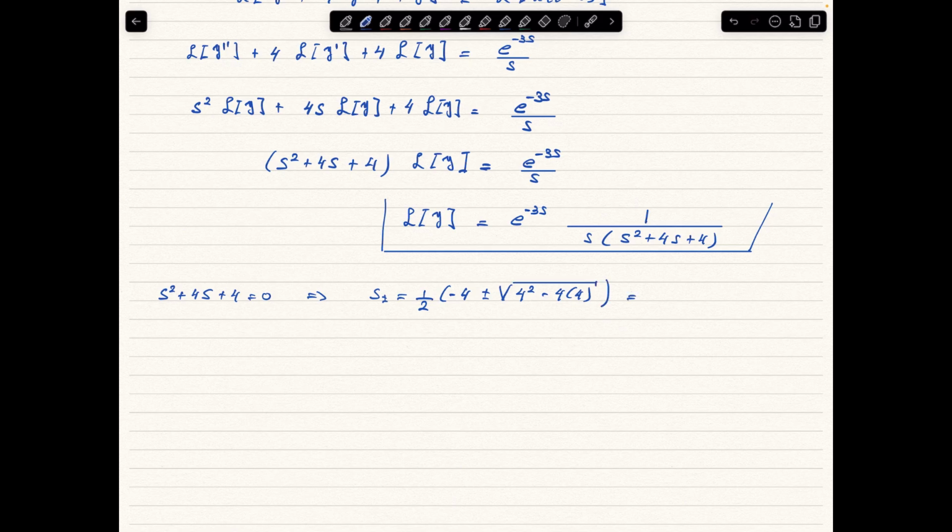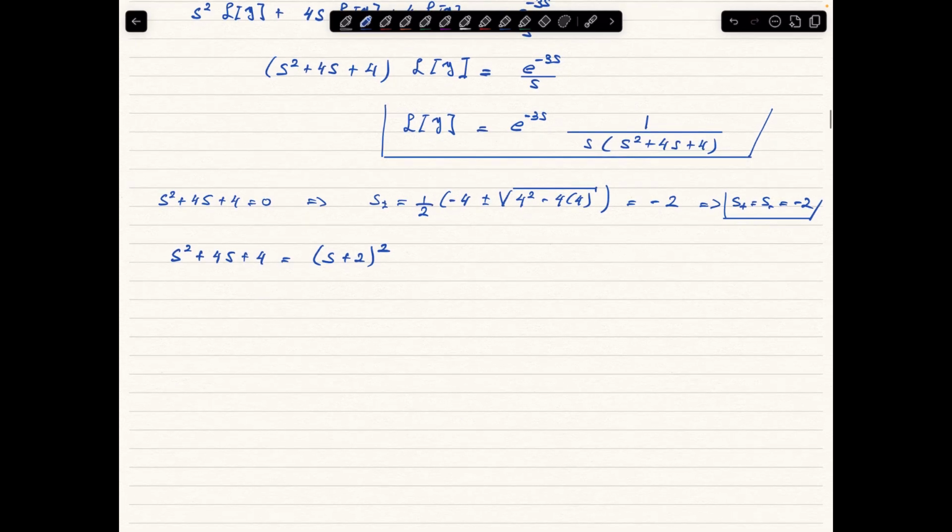We get negative 2. So we have a repeated root negative 2, so s plus equals s minus equals negative 2. So our denominator, s squared plus 4s plus 4, is actually (s plus 2) squared. Well, that makes things not so complicated.